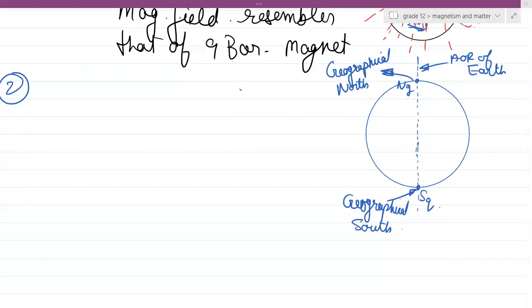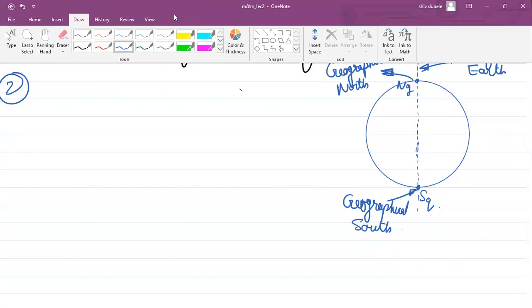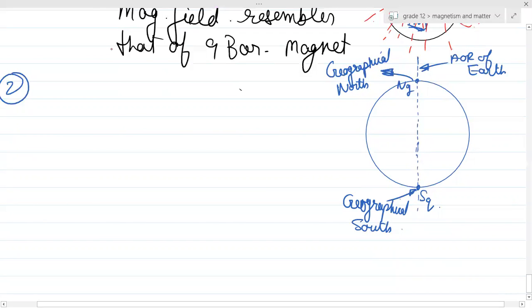But we know this particular thing, that the magnetic axis, this is basically the geometrical axis of rotation, right? But the magnetic axis of rotation is somewhere else. Yes or no, guys? Can you see this? This is the magnetic axis of rotation. The blue one is basically the geographical axis of rotation, or you can say the actual axis of rotation, the true axis of rotation.